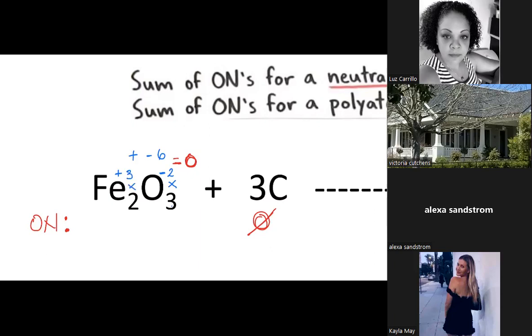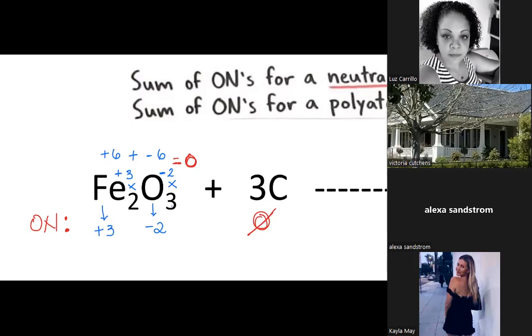Because when I multiply it times 2, then I have a +6, +6 plus -6 equals 0. So understand that when it comes to oxidation numbers, and you have an ionic compound, the charge of the atom is going to be the oxidation number for the atom. So oxidation number for oxygen is -2. Oxidation number of iron is going to be +3. Okay. I understand. I had to multiply it by the subscript. I'm just assigning the atom by itself.